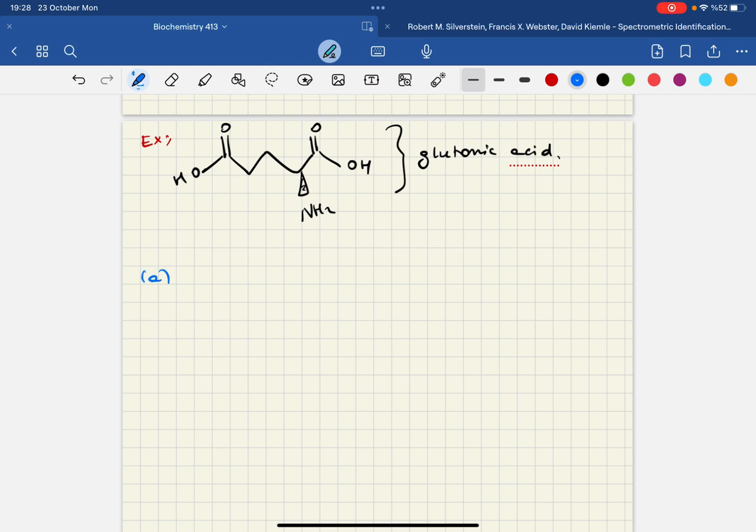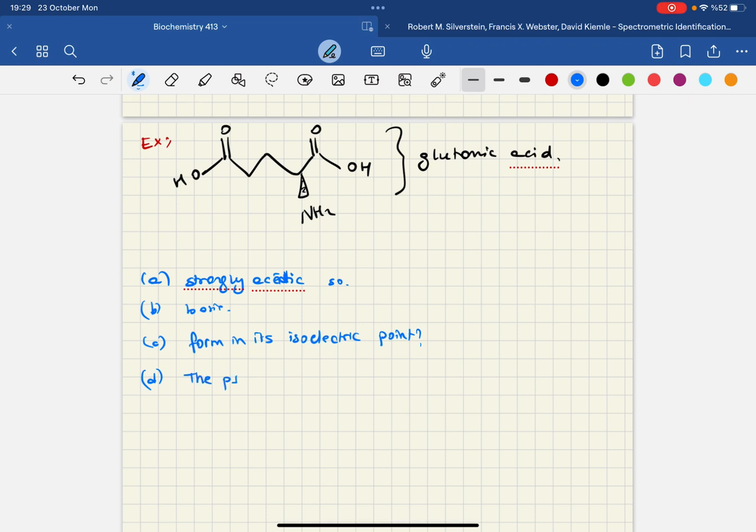What is its form in strongly acidic solution, and in basic solution, and what at its isoelectric point, and D asks us the isoelectric point of glutamine.